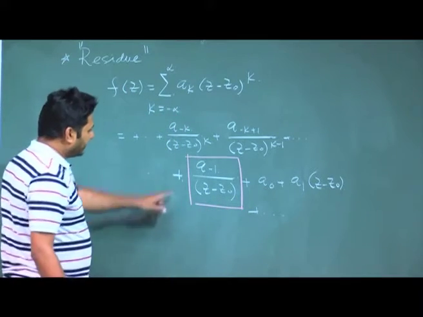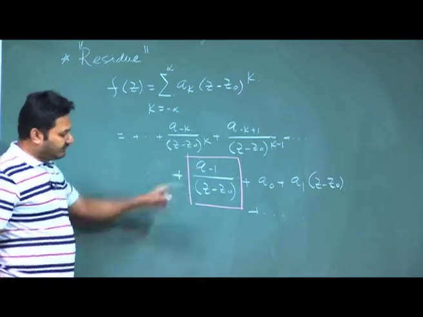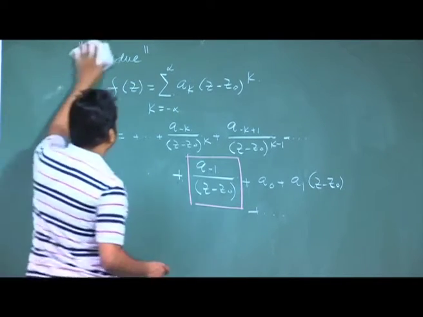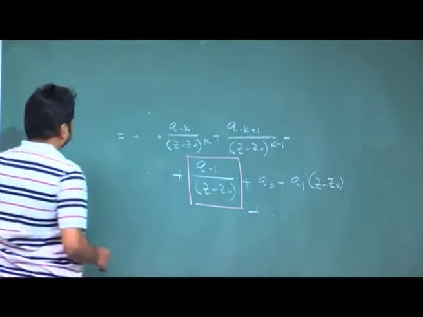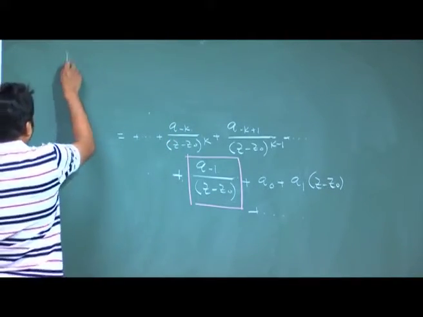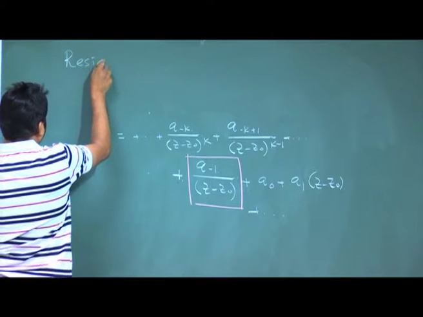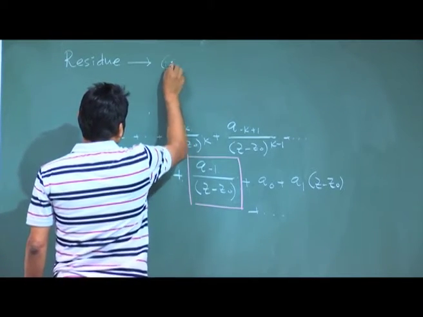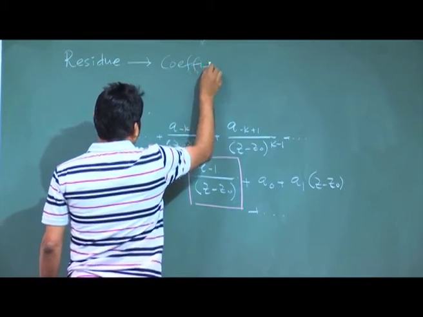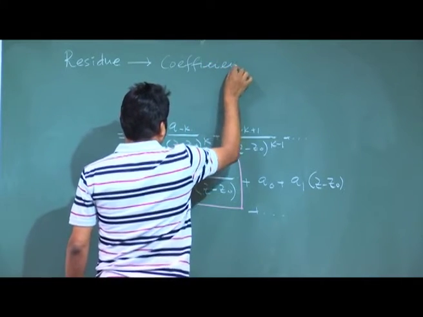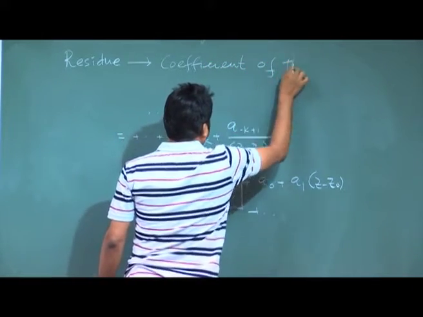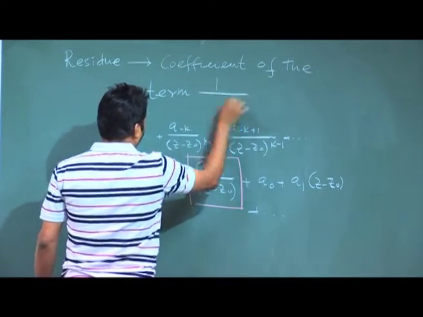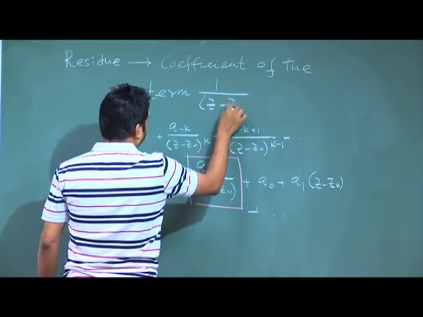So, residue is nothing but the coefficient a_{-1}. What is the definition of residue? Let me erase this. Residue is nothing but the coefficient of the term 1 divided by (z minus z0).